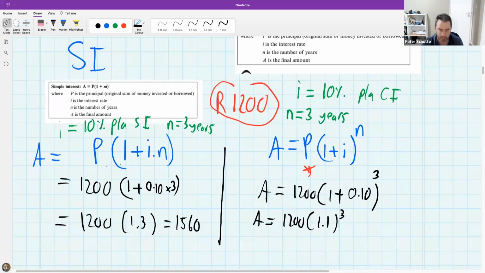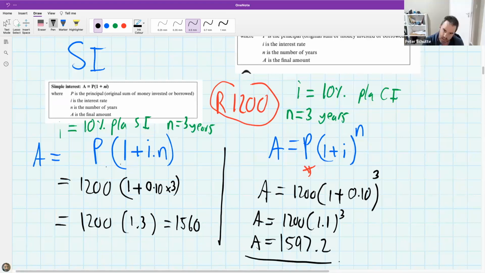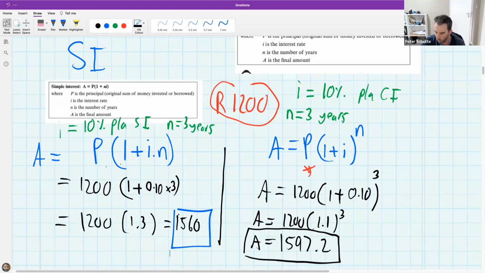Now, what do we end up for that? 1,200 times... I'm getting 1,970.2. Now, out of the two options, which one should we have chosen if we want to be wealthier one day?